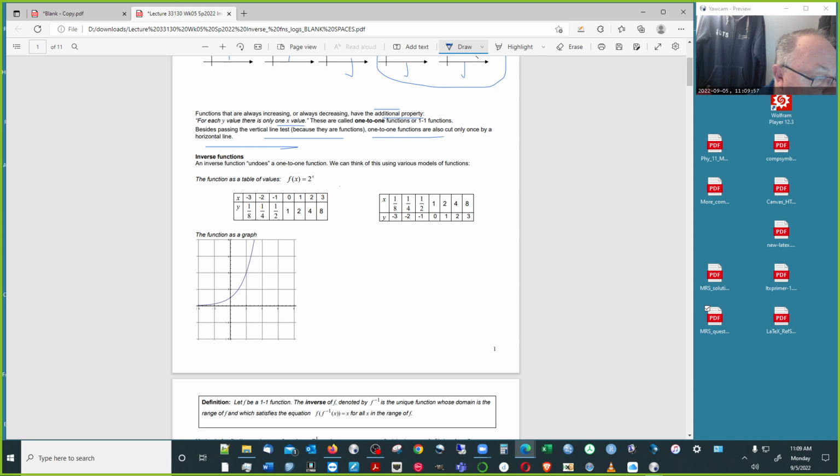So what do we think about this exponential function? The exponential function is both what? It's one-to-one. Well, first of all, it is a function. And it's one-to-one.